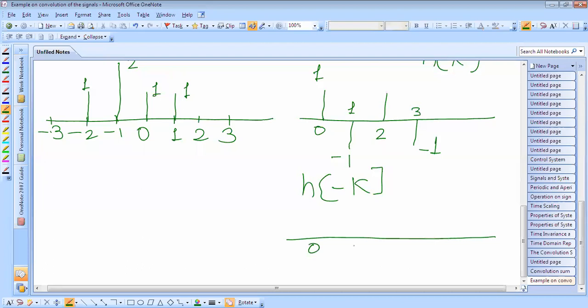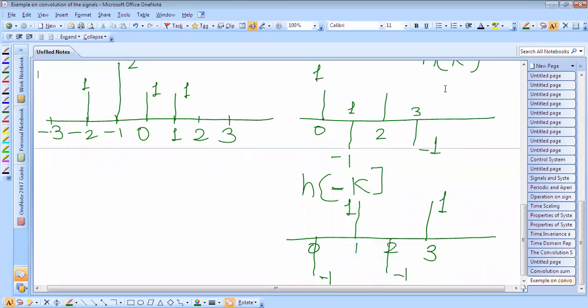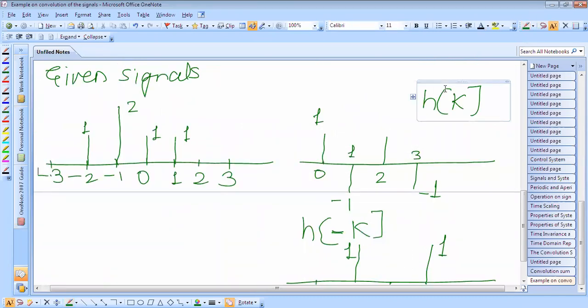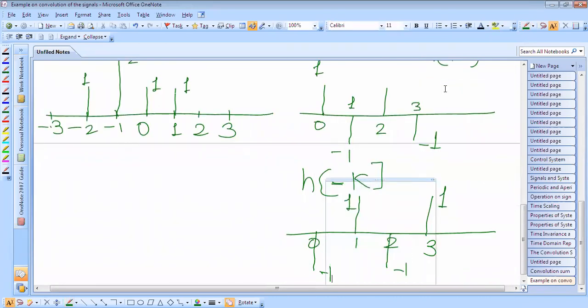So the values at 0, 1, 2, 3 are 1, -1, 1, -1, reflected about the origin. Whatever the function h of k is, we just reflect it in the opposite direction. So this is h of minus k.